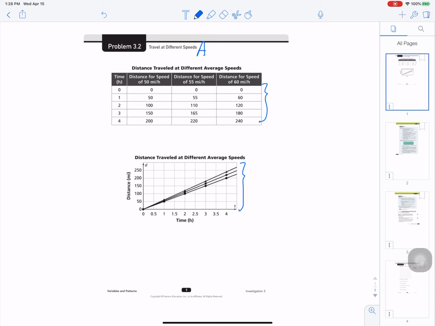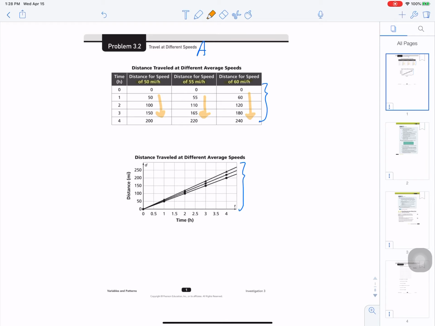And the question was, what were patterns relating distance and time in the tables and the graphs? And one thing I would say is the bigger the speed, the faster the distance goes up, sorry.